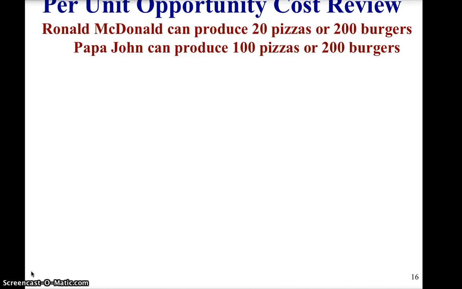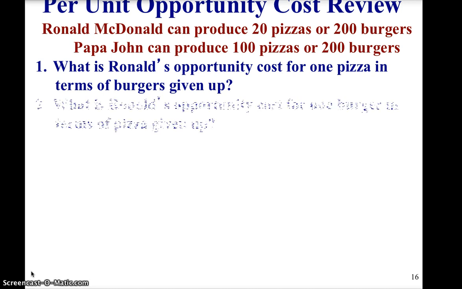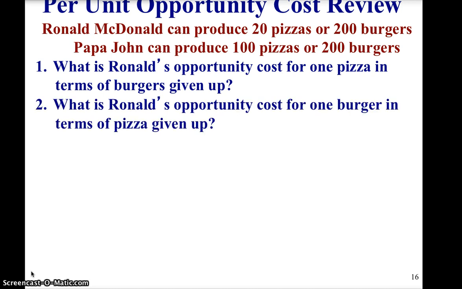So let's do some more examples. Ronald McDonald can produce 20 pizzas or 200 hamburgers, and Papa John can produce 100 pizzas or 200 burgers. So what is Ronald's opportunity cost for producing 1 pizza in terms of burgers? Well, you do some simple division, and if he was producing 1 pizza, he would have to give up 10 burgers, it looks like. What is Ronald's opportunity cost for 1 burger in terms of pizzas giving up?